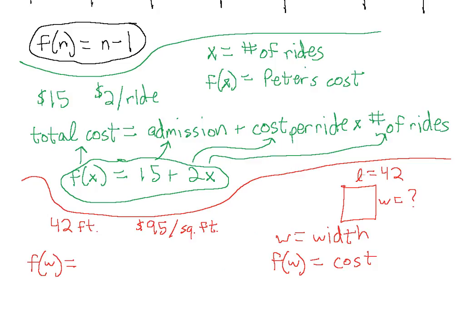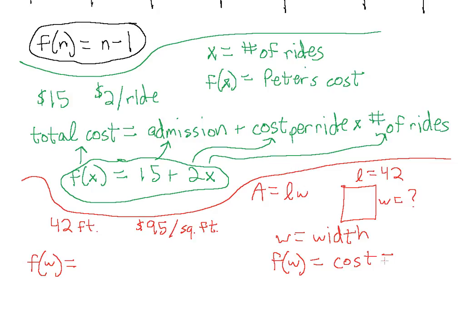We know that length times width will give us the area of this house. So the area is going to be length times width. All right, so we know that the cost is going to be multiplied by the area because it costs $95 per square foot.